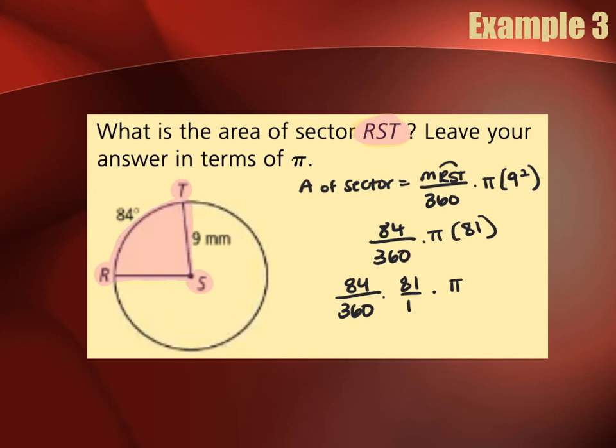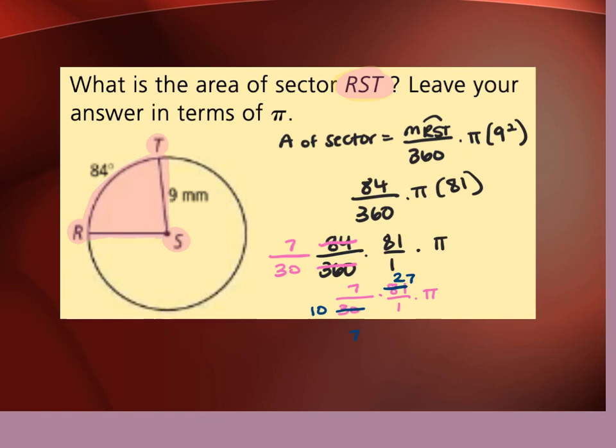They're also both divisible by 12, right? So you could say that this divided by 12 is 7, and this divided by 12 is 30. So I'd get 7 over 30 times 81 over 1 times pi. And these are both divisible by 3. And we're here, 7 over 10 times 27 over 1 times pi. 7 times 27, 189 over 10 pi. That's one option, millimeters squared.